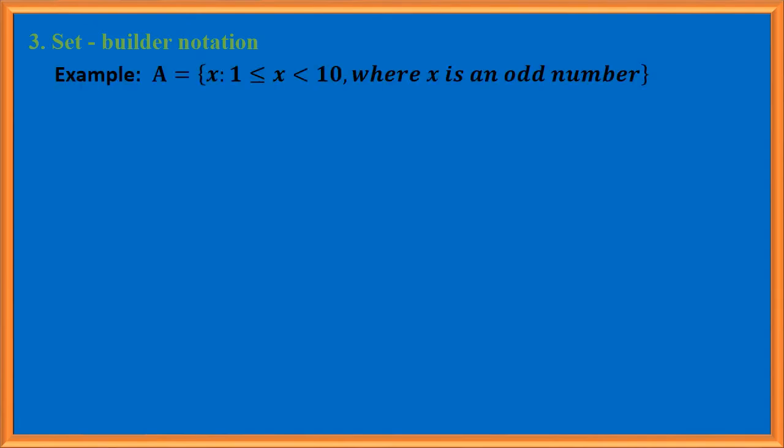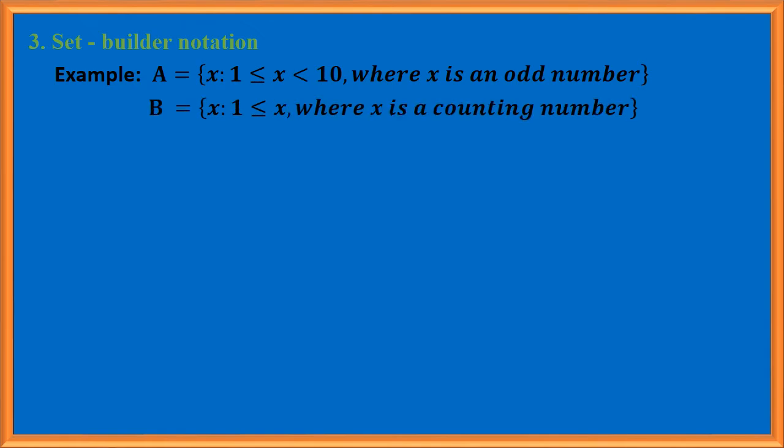For example, set A is x such that 1 is less than or equal to x, which is less than 10, where x is an odd number. The elements of set A started with 1 and ended with 9. So this becomes the set builder notation for the set.